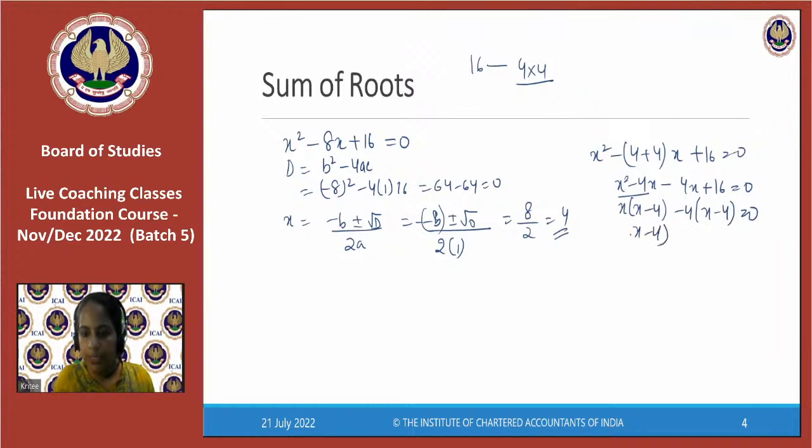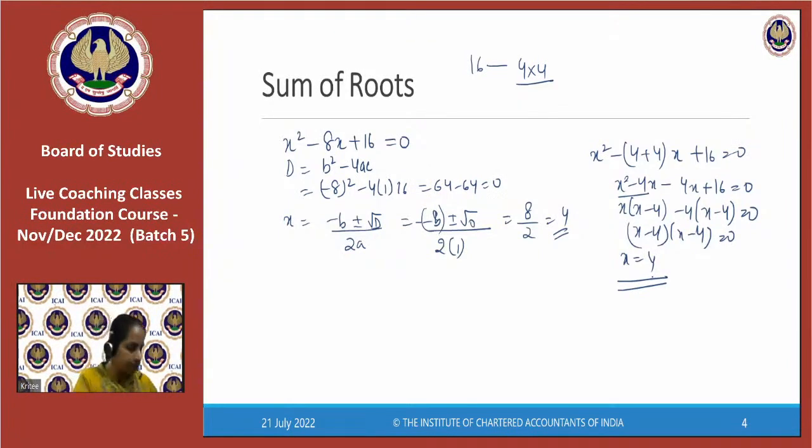So I get x minus 4 and x minus 4 in both the brackets, which gives me the answer x equal to 4, 4. Not minus 4, Shivashri, check your answer. It's not minus 4. Yes, Harshita, D is 0, but the value of x is 4. Good.